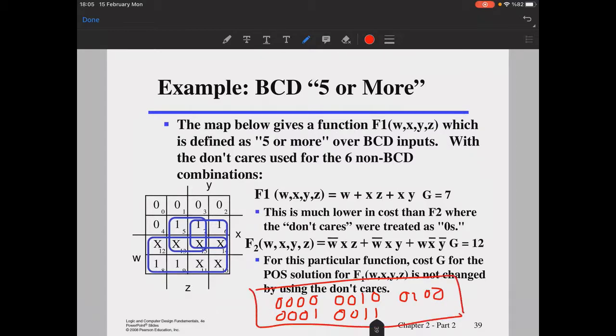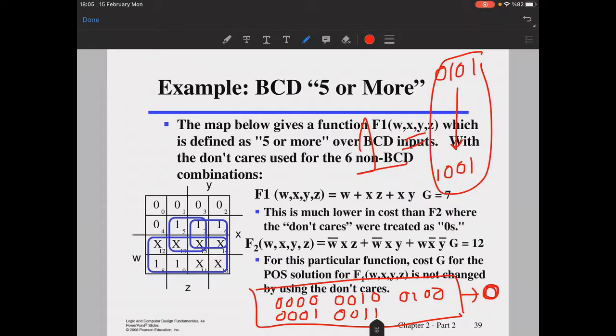These will give you strictly 0 as output because it is lower than 5, right? And otherwise, they should give you 1 up to what? Up to 9, right? From 0101 to 1001 should give you output 1.